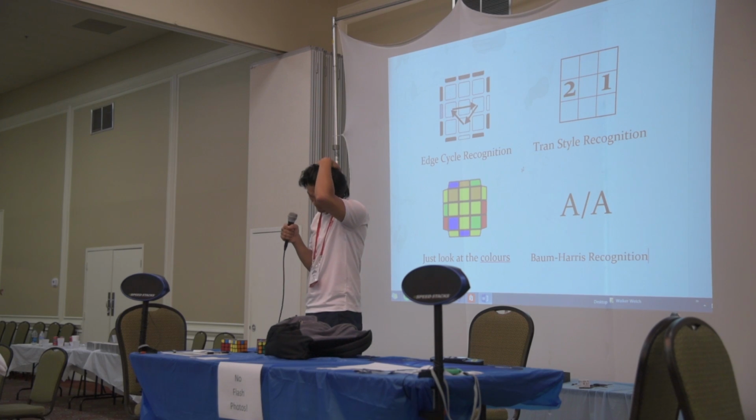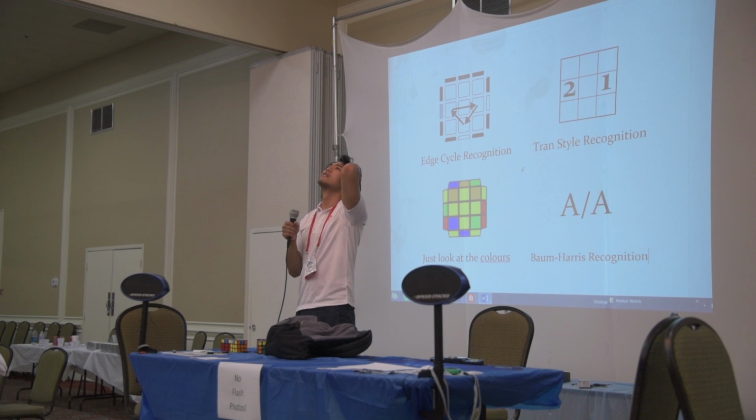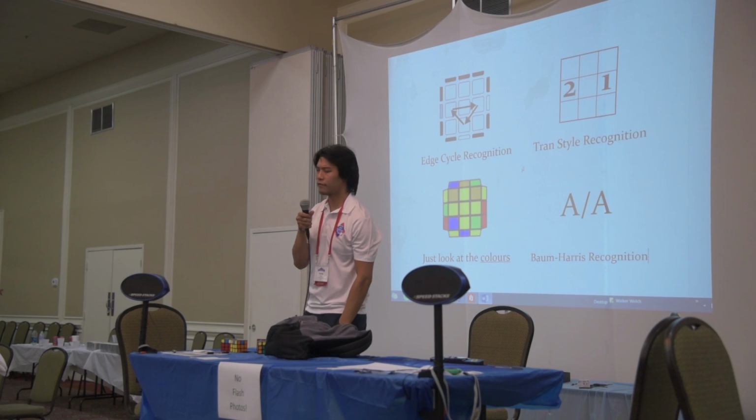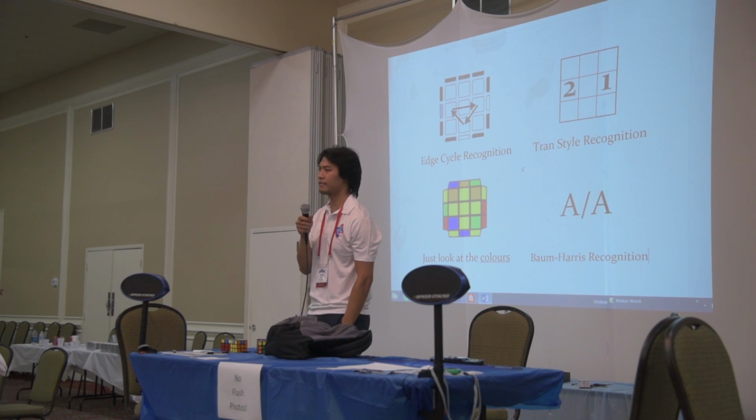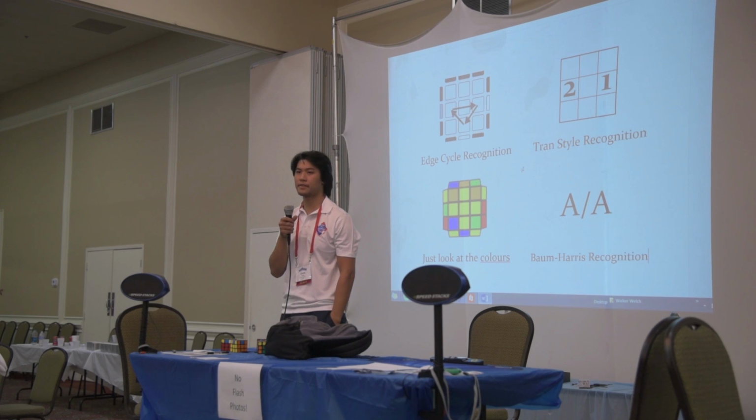Anyways, so applications. So, did you know that on 4x4, when you get to last slot, if you do ZB last slot, you can actually see the bad edge, and you can force the easier ZBLS, which saves you about 3 to 5 moves, depending on how bad it is.